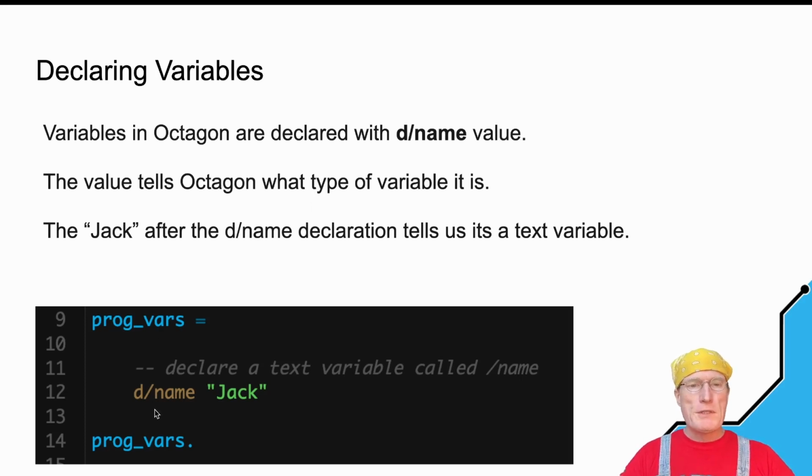So for example, in this example down here, we have the prog_vars task, which in Octagon is where you declare variables, especially global variables. And we have a variable called name, and we have d/name, which tells Octagon we're declaring this variable. And then we set its value to Jack, and that tells Octagon that this is a text variable. So before a variable can be used, it has to be declared.